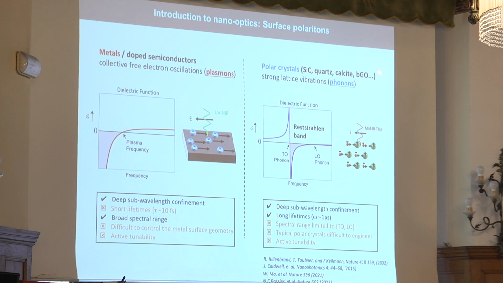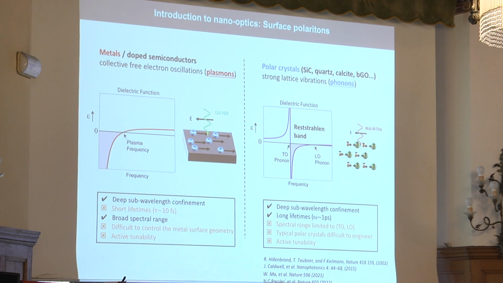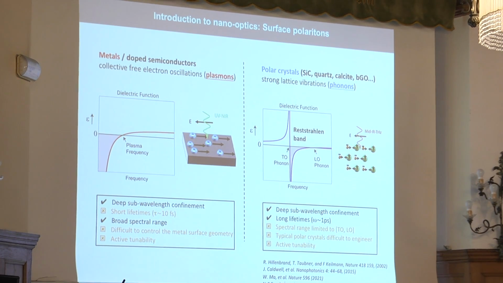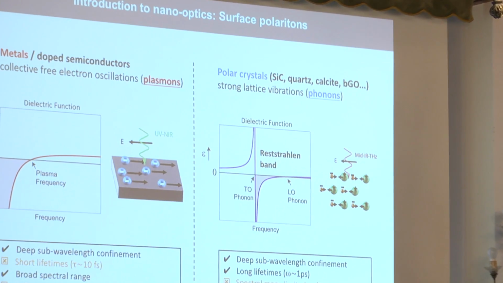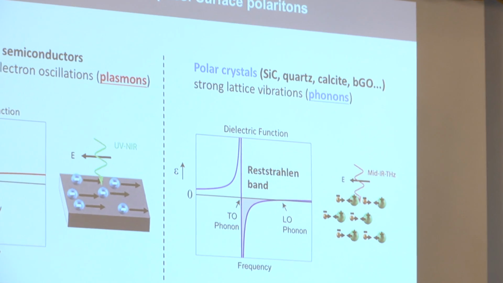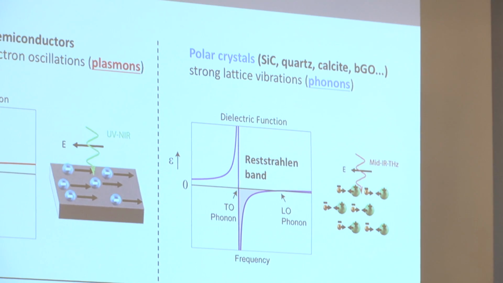The most studied ones started with silicon carbide. I remember Professor Greffet and then Fritz and Reiner were measuring also silicon carbide at the time, 2002, measuring with SNOM exactly these resonances.